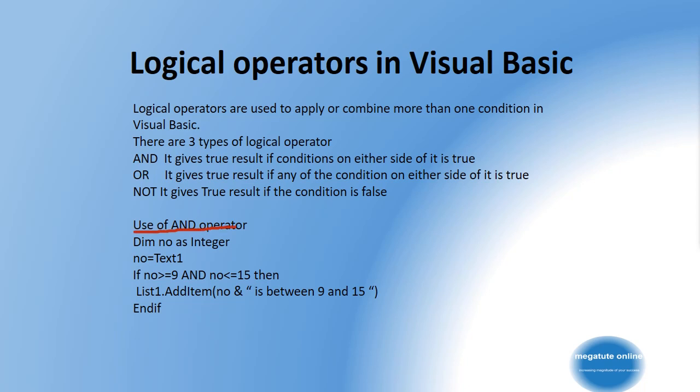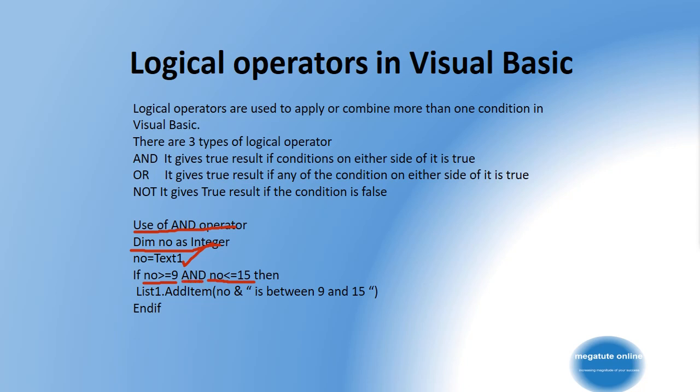So the use of the AND operator. We have taken a variable number. We're asking the user to input a number, and then we are checking whether that number lies within the range of 9 and 15 or not. So my condition is, if number more than 9, this is my condition 1, and number less than 15, this is my condition 2. Now I am joining these two conditions with the logical operator AND.